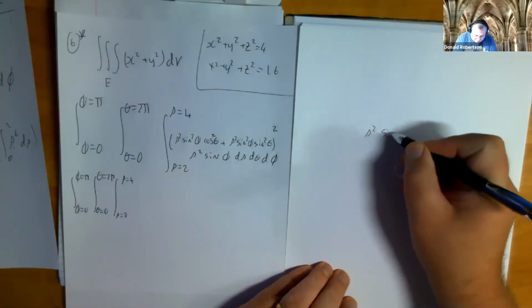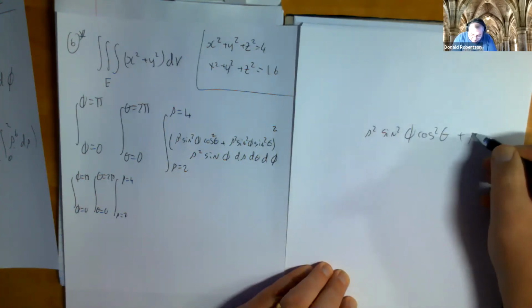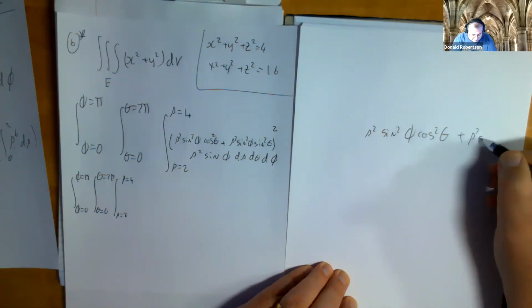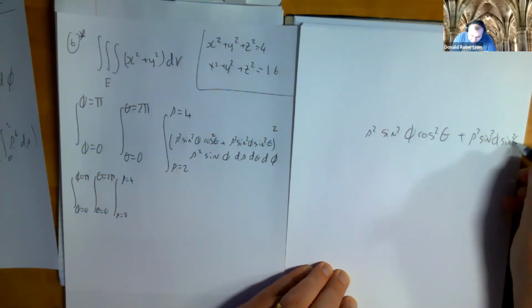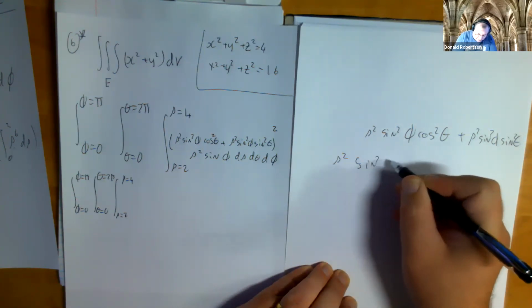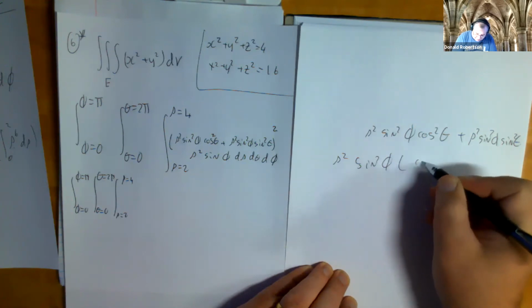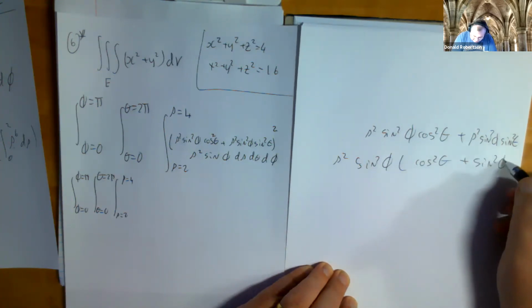Rho squared, sine squared phi, cos squared theta, plus rho squared, sine squared phi, sine squared theta. Pull out those guys as a common factor. That leaves behind those guys. Don't they get you 1?